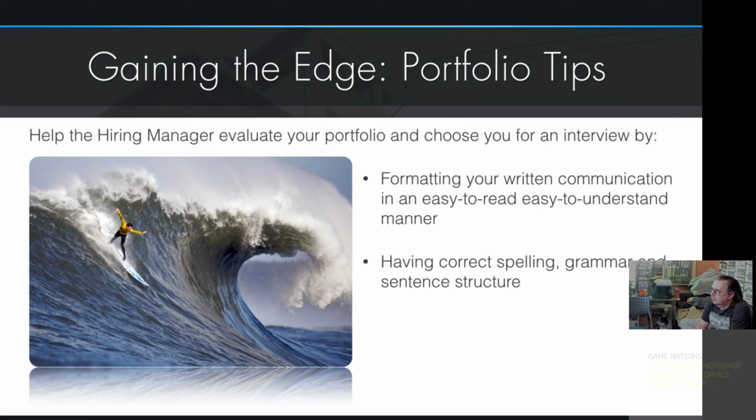And lastly, by making sure that you're using correct spelling, correct grammar, and sentence structure. These last 3 points are extremely important when it comes to building a successful portfolio, and you wouldn't believe how often they're actually overlooked. There's nothing sadder when you're looking at a portfolio of work, and it starts out strong, and then you start seeing problems like this come up. And the worst part about it is that they're actually the easiest things to get right.